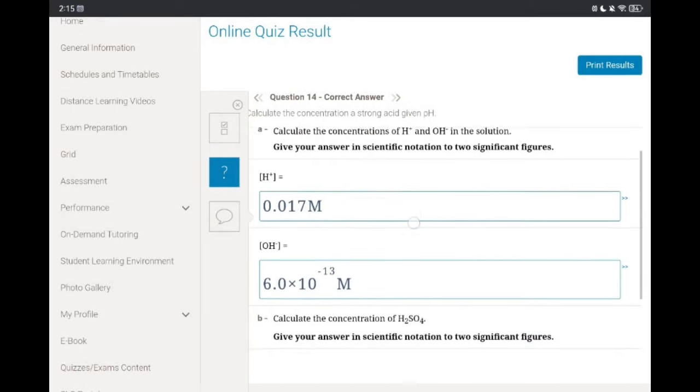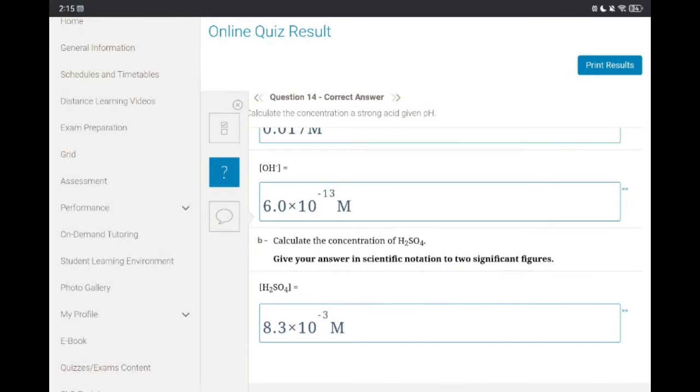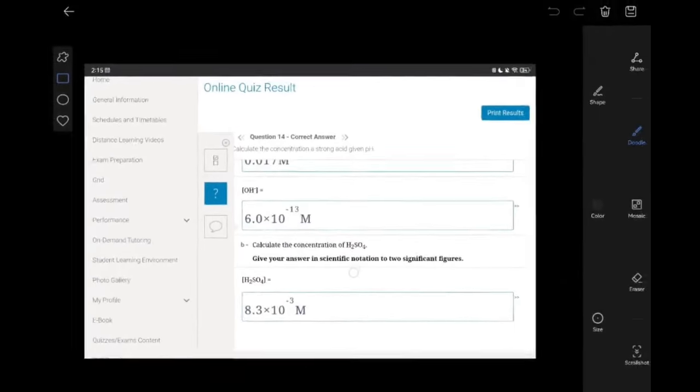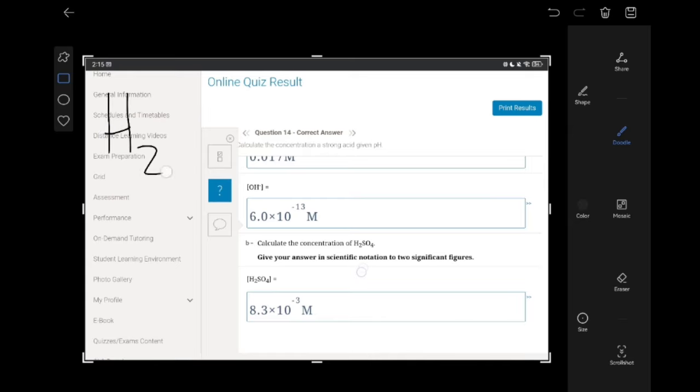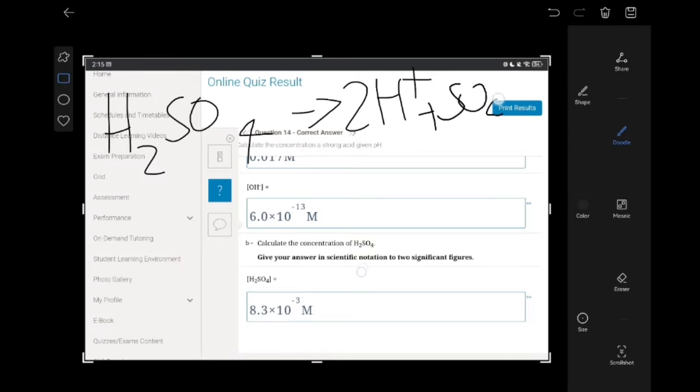Now look, here they're asking for the concentration of H2SO4. H2SO4 dissociates into 2H+ and SO4 2-, yeah? That means a 1 to 2 ratio.